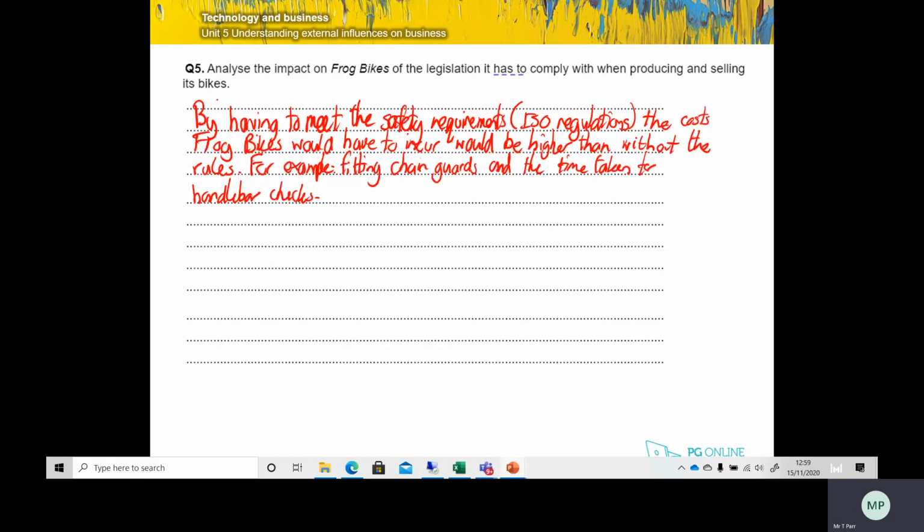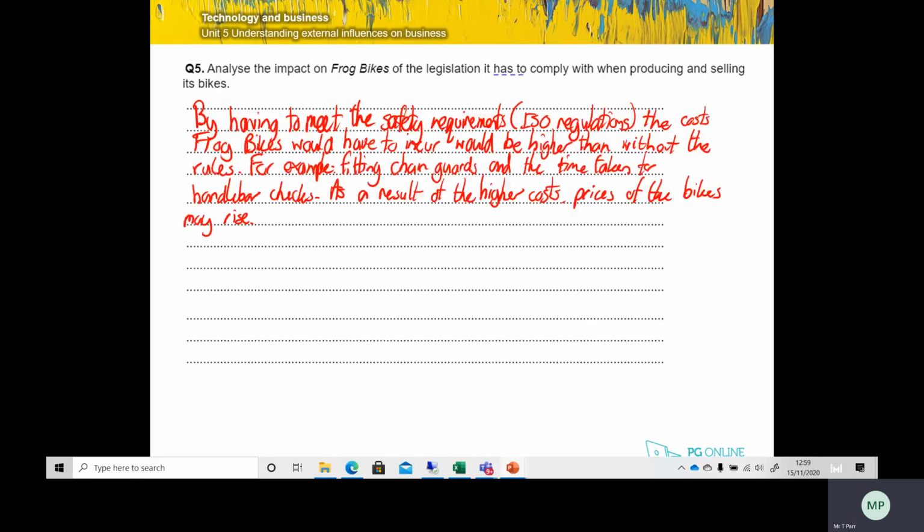Okay, so I've made my point: there's going to be an increase in cost. Now, what is this going to lead to? As a result of higher costs, prices of the bikes may rise.